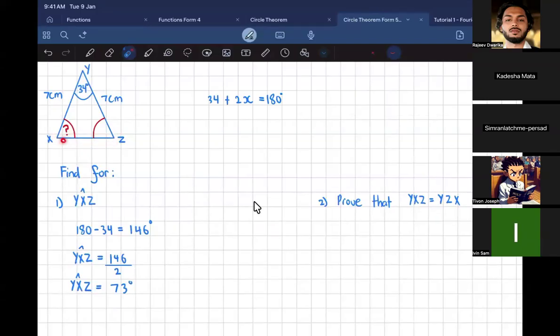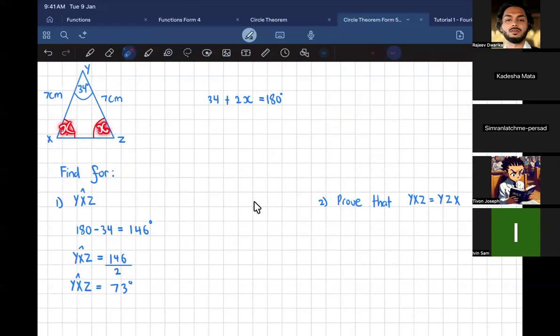So this could be x, this could be x. If you add them, you'll get 2x. And this angle is 34. Remind me, Simran, if I add up all the angles in a triangle, what am I supposed to get? 180. Correct. So if I add up this, this, and this, I'm supposed to get 180, right? Since these are the same, I could call them x.